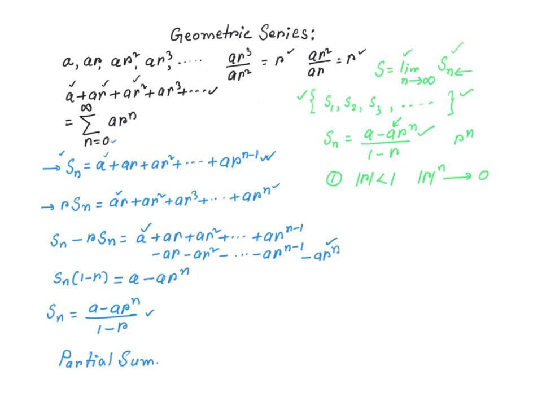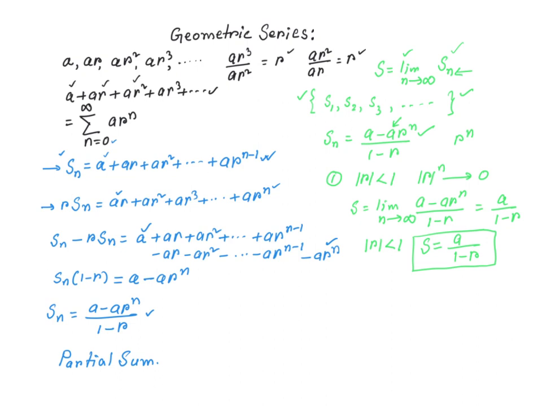In that case, your s is going to be the limit as n approaches infinity of a minus a times r to the power n over 1 minus r. That is going to be nothing but a over 1 minus r. So if the absolute value of r is less than 1, the sum of the geometric series is going to be nothing but a over 1 minus r. And this is a very important formula. It has a lot of applications, and make sure that you do understand it.